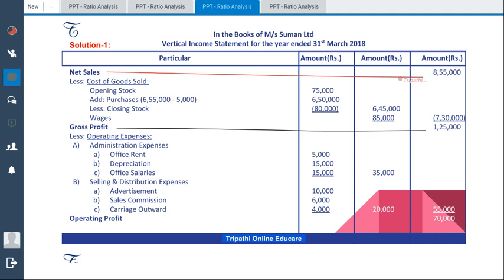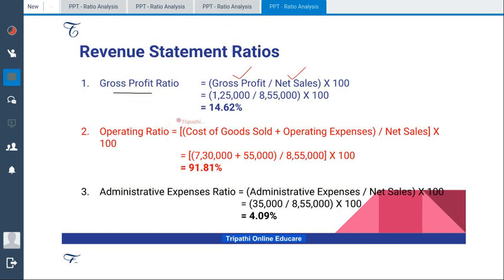So the formula is gross profit upon net sales into 100. So it will be 1,25,000 upon 8,55,000 into 100. So you can see 1,25,000 upon 8,55,000 into 100, that will give you 14.62%. So the gross profit ratio of this company is 14.62%.